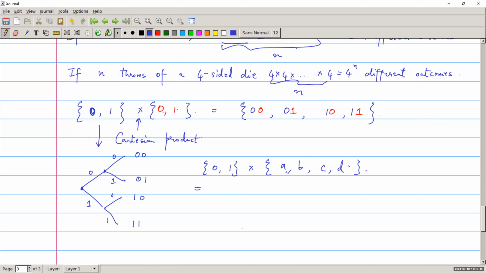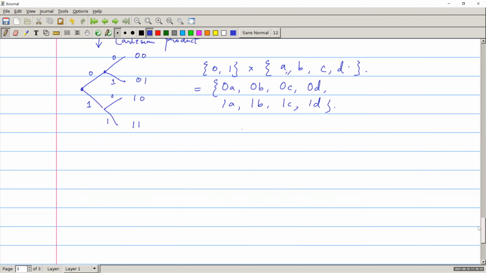So what's the Cartesian product? I need to look at every possible concatenation of elements from one set with the other set. Can somebody help me write the Cartesian product? Very good. 0A, 0B, 0C, 0D, 1A, 1B, 1C, 1D.